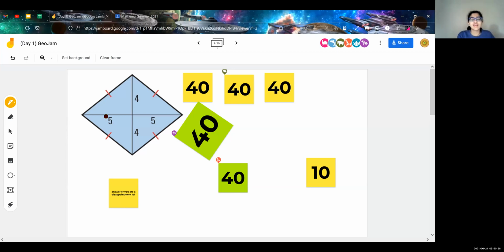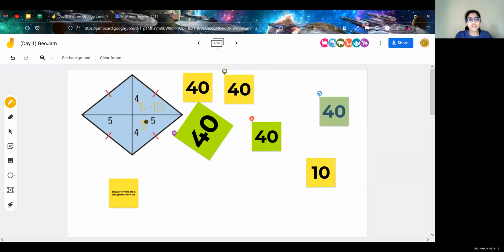Okay, so basically what we have to do is the diagonal times the diagonal divided by 2. So the diagonal is 8, and the other diagonal is 10, right? And 8 times 10 is 80. And then we have to do 80 over 2. So we do 80 divided by 2, and we get 40.